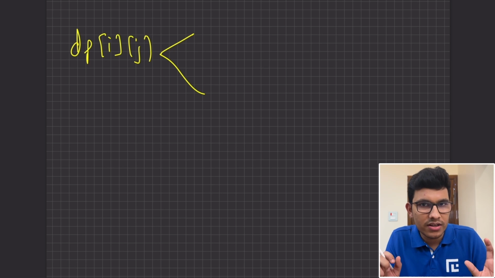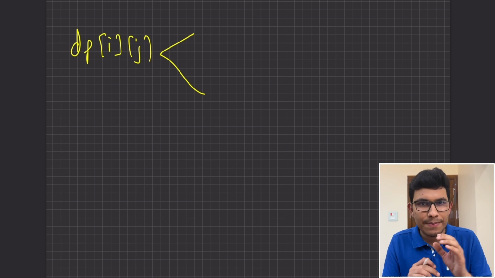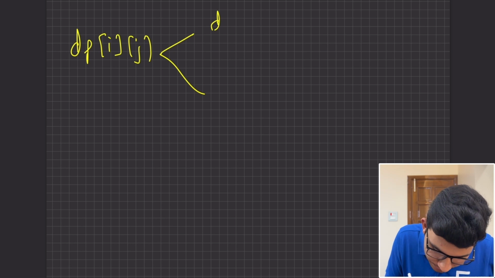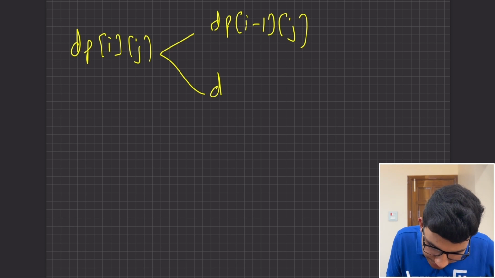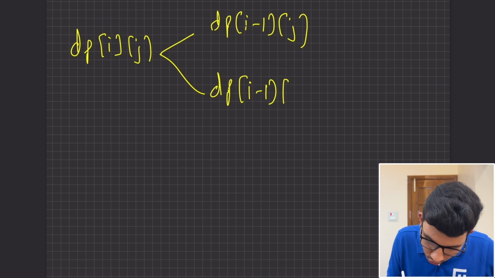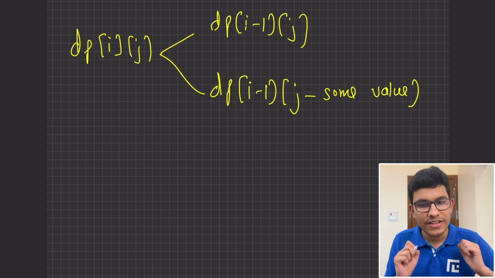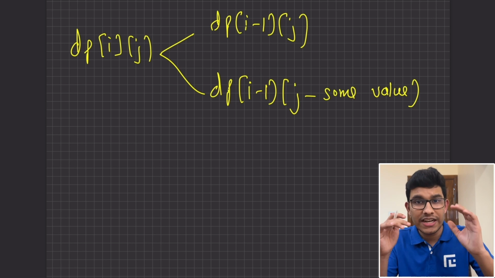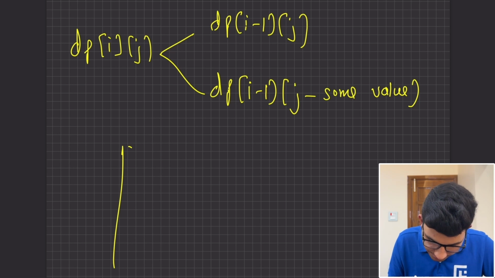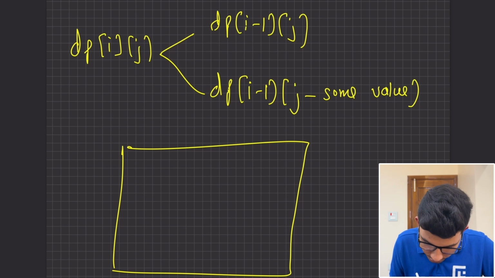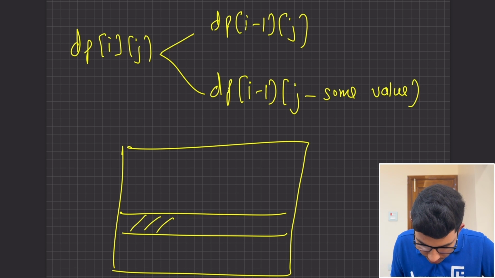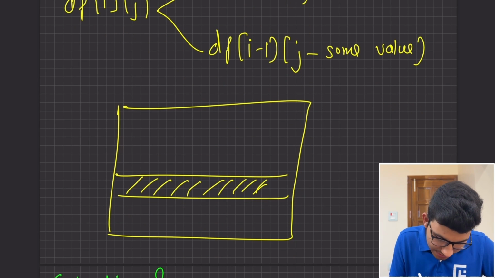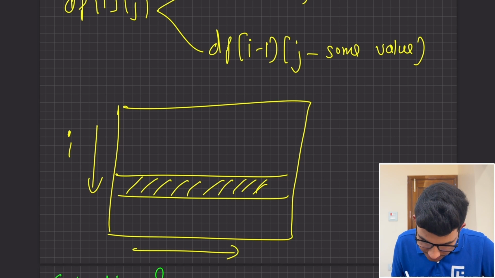So what we just saw here is that dp of i comma j is dependent on two things. Firstly, it is dependent on dp of i minus 1 comma j, right? Secondly, it is dependent on dp of i minus 1 comma j minus some value, right? This is what we saw. Now, if you were to represent this entire dp grid in the form of a table, how would this look like? You would simply say that, okay, this is the table. In order to find out the values of this particular row, like, this is i here basically, and this is this j.